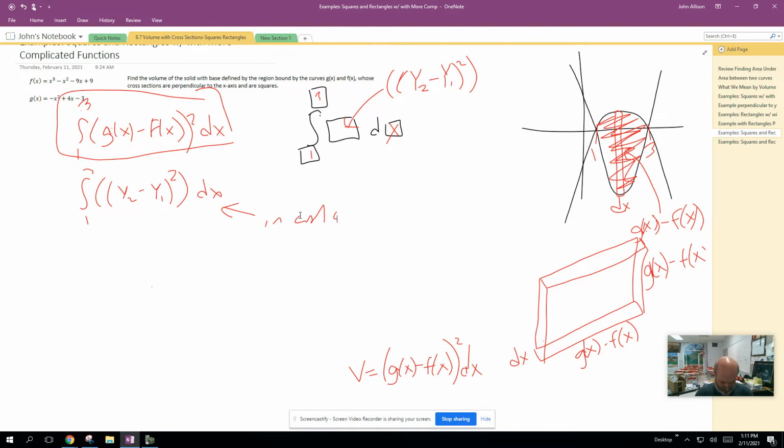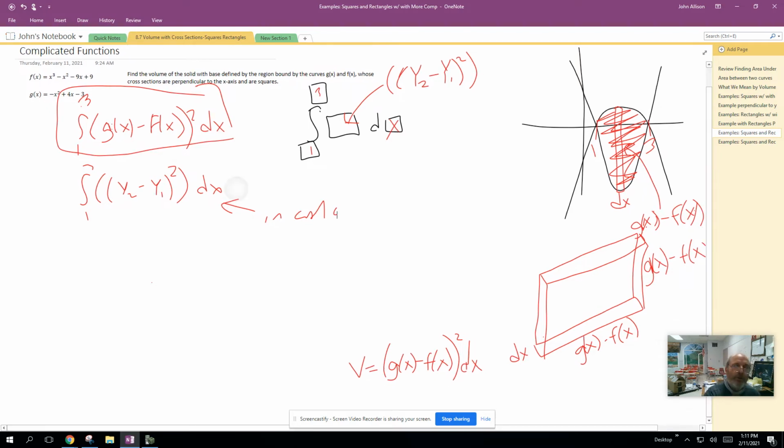I'm going to add a set of parentheses because I know I'm going to be squaring this quantity. y2 minus y1, close parentheses squared, and come out and put my variable of integration in x, and it comes up to 38.552.